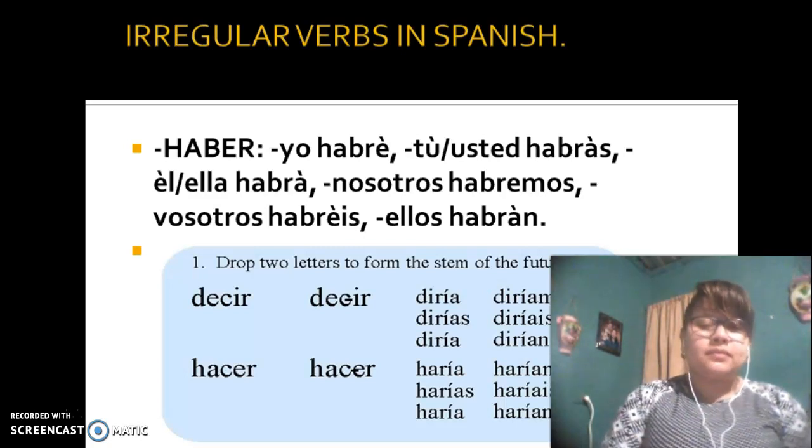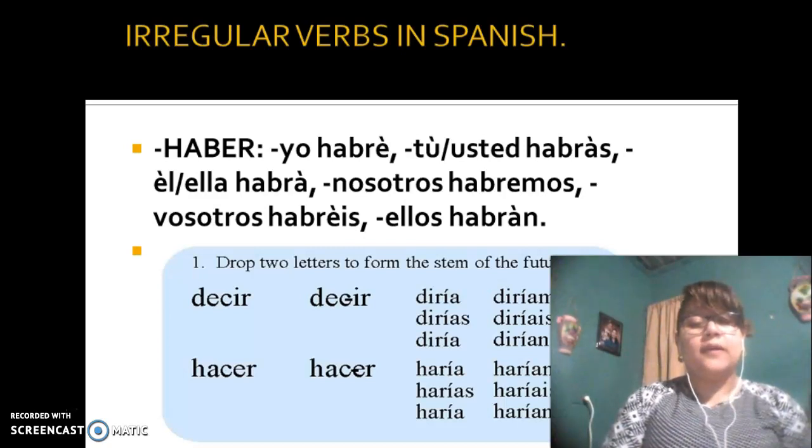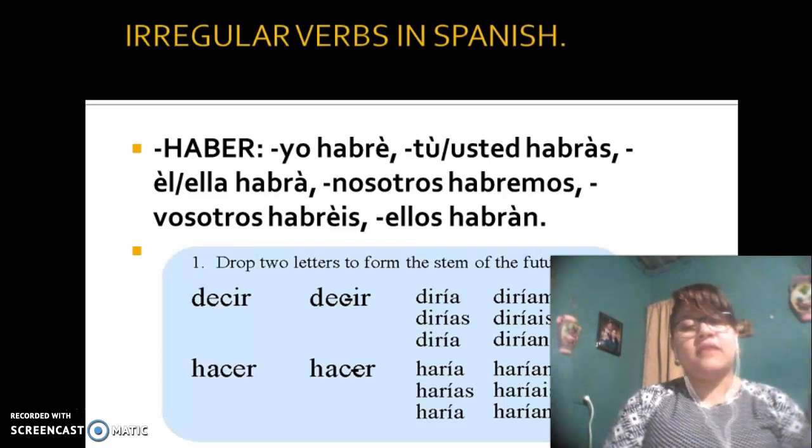Haber could be conjugated the following way. Yo habré, tú, usted habrás, él, ella habrá, nosotros habremos, vosotros habréis, ellos habrán.